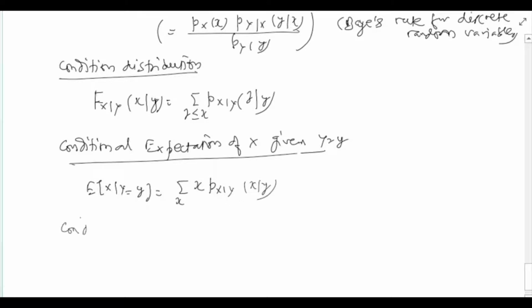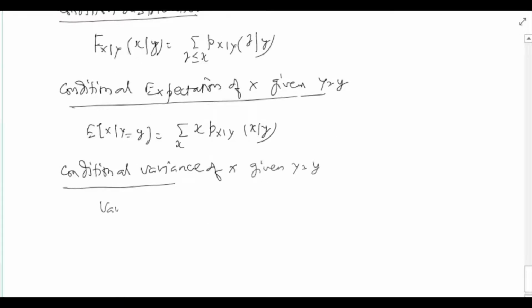We can also define the conditional variance of X given Y equals small y. This is denoted as the variance of X given Y equals small y. This is the variance of X with respect to the above conditional probability mass function.